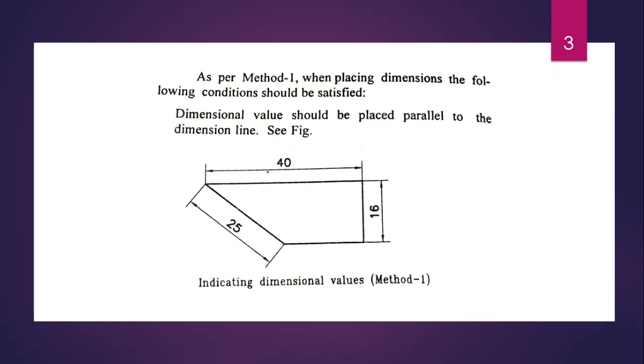If the dimension line is parallel to the horizontal direction, then the letters are also horizontal. If the dimension line is parallel to the vertical edge, then the letters are also parallel to that particular dimension line.